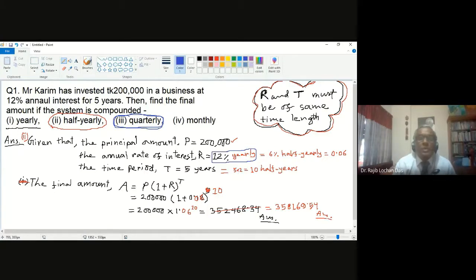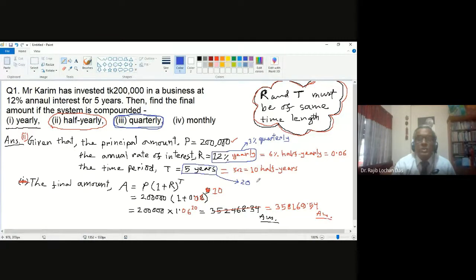Yes, sir. 5 years will be what? 5 years multiplied by 4 will be 20 quarters. So it will be 3% quarterly rate and 20 quarters.